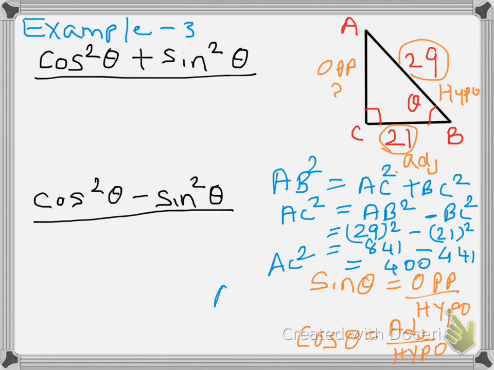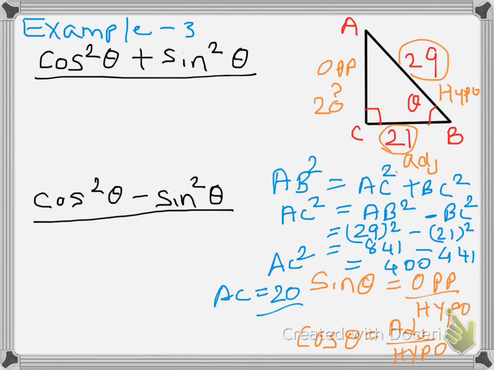Therefore AC is equal to 20. If we take the square root of 400, it gives you 20. So this side AC is 20. Now we know all three sides: side AB, which is 29, side BC, which is 21, and side AC, which is 20. Now we can find the values of sine theta and cos theta.